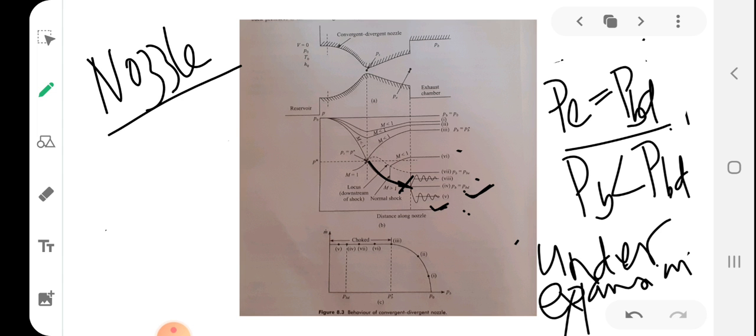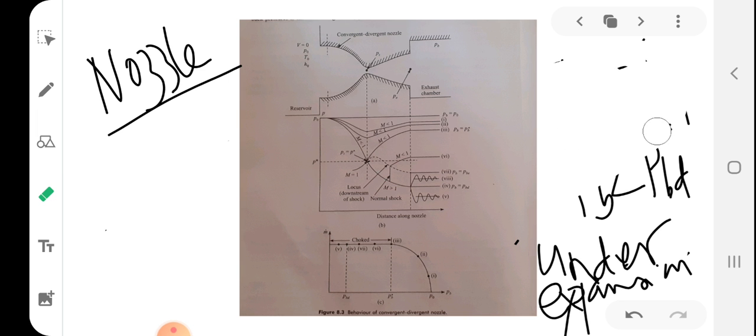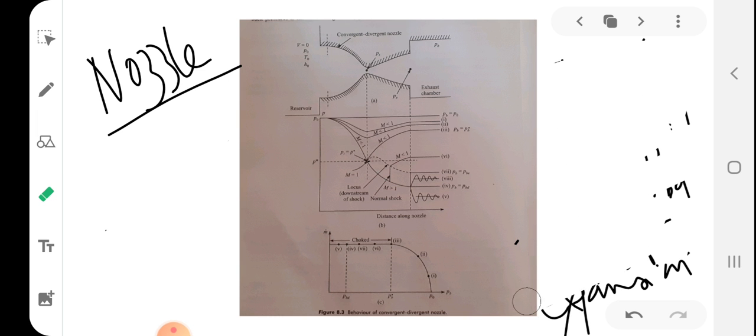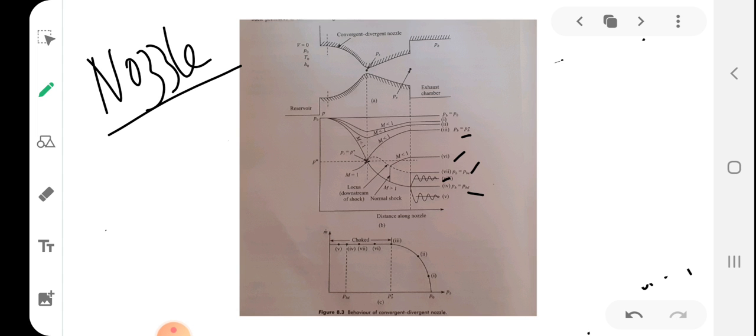Now, when the back pressure is maintained between PB star and PBD, it's very important. Such curves you can see here: sixth curve, seventh curve, and eighth curve.